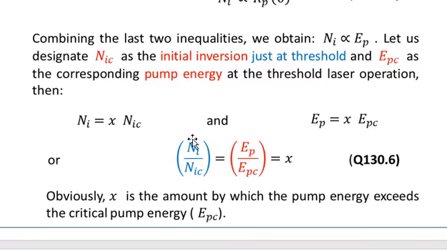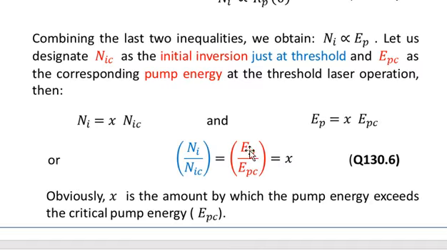I have labeled two ratios, one in blue and the other in red, because I am going to explain their meanings separately. Let me first explain the equation in red. Obviously, X is the amount by which the pump energy, that is EP, exceeds the critical pump energy EPC.